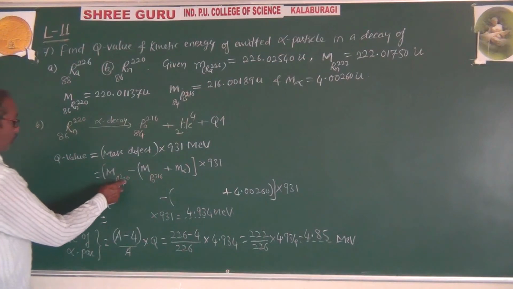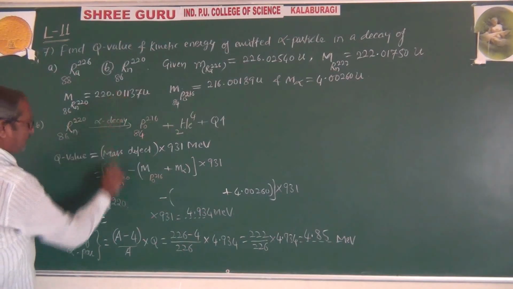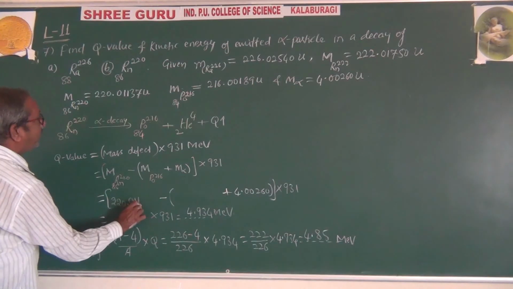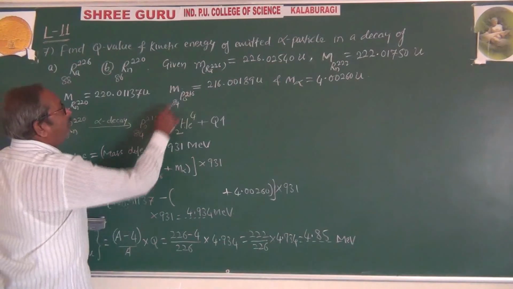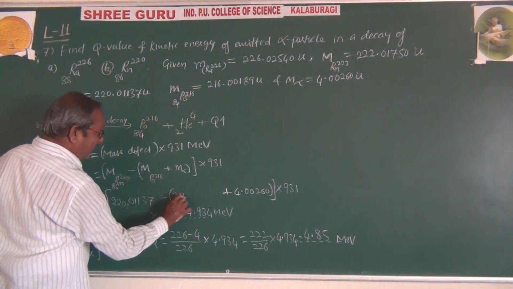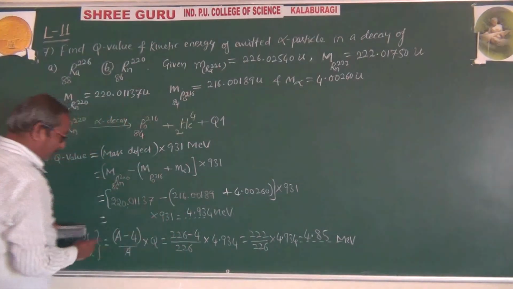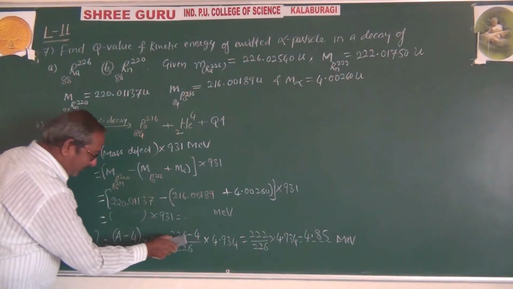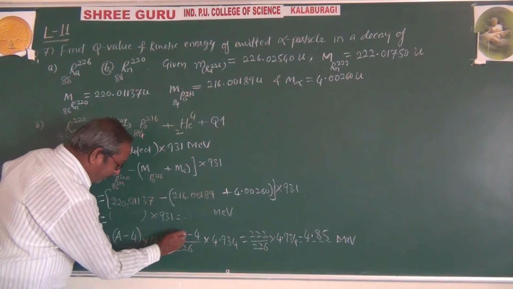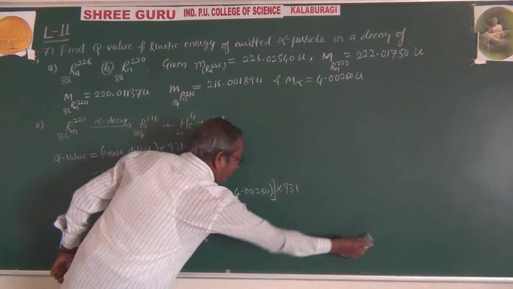Here 220, what you have, 0.1137, minus the polonium what you have, 216.0018. Substitute these values and see what answer you get. Whatever answer you get.